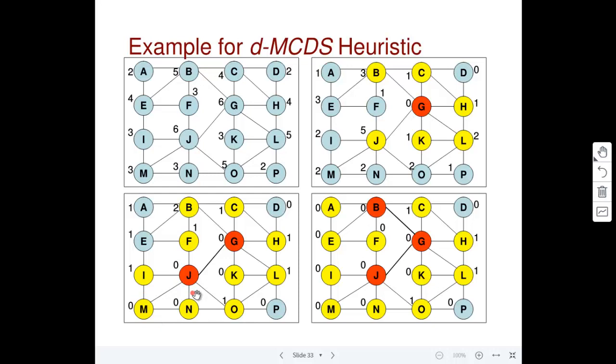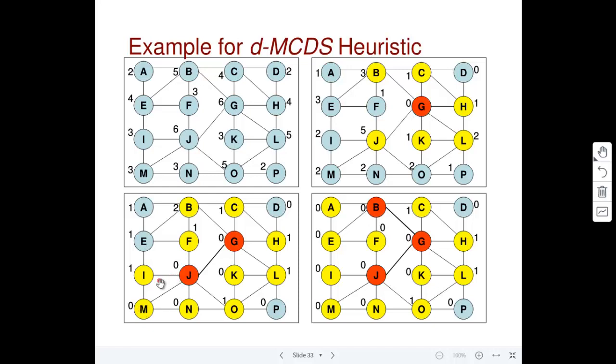We now have to redetermine, for all the vertices in the graph, the number of uncovered neighbors. For example, in the case of I, which previously had 2 uncovered neighbors, E and M, it now has only 1 uncovered neighbor, which is E, because M is covered now.